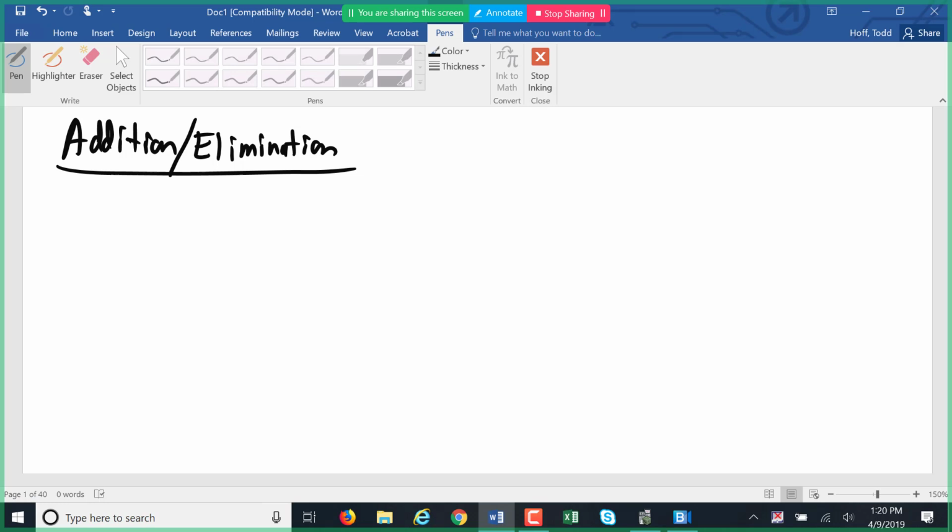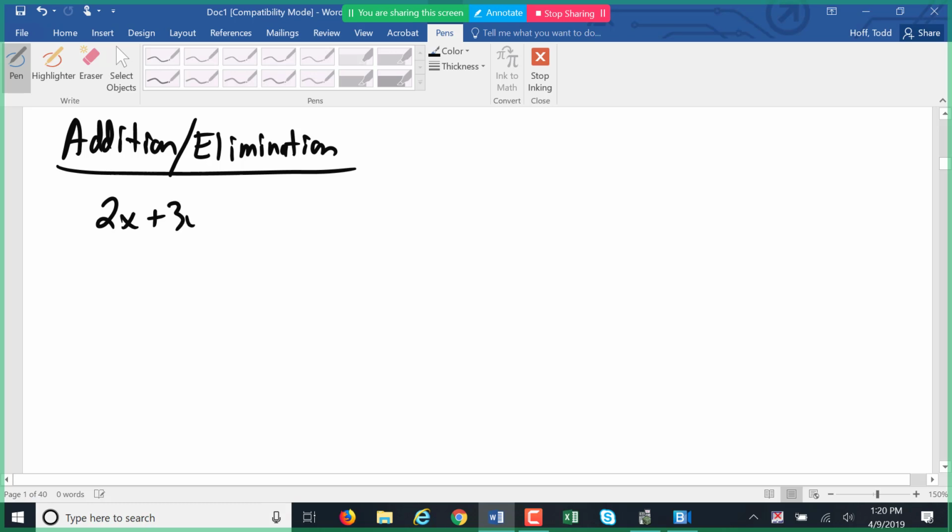I'm looking for one of my examples that's going to work well with this. I used my best example already, but that's okay. We'll do this one.